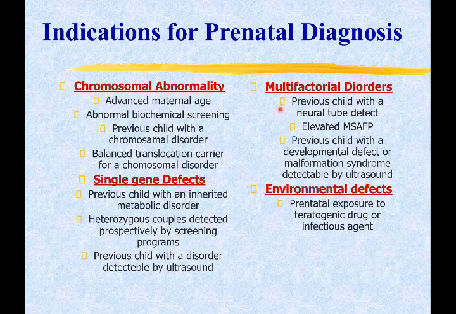Multifactorial disorders, previous child with a neural tube defect. Here, the lady probably has a folic acid deficiency and did not receive folic acid prior to pregnancy and during pregnancy, and a lot of times you have neural tube defects.